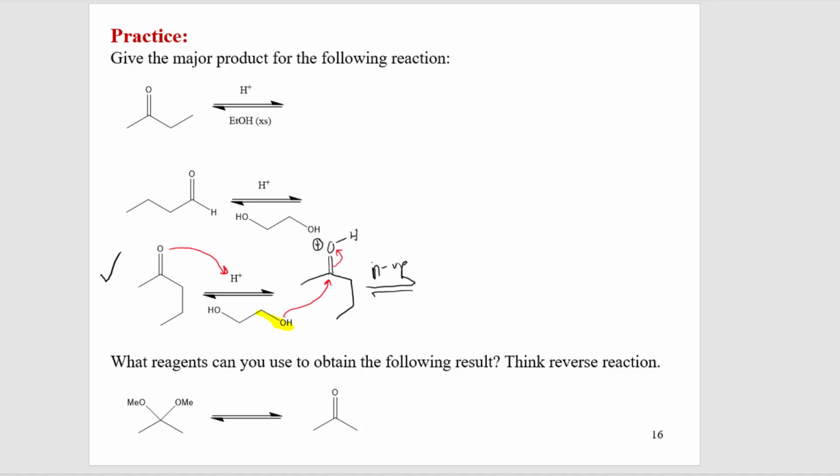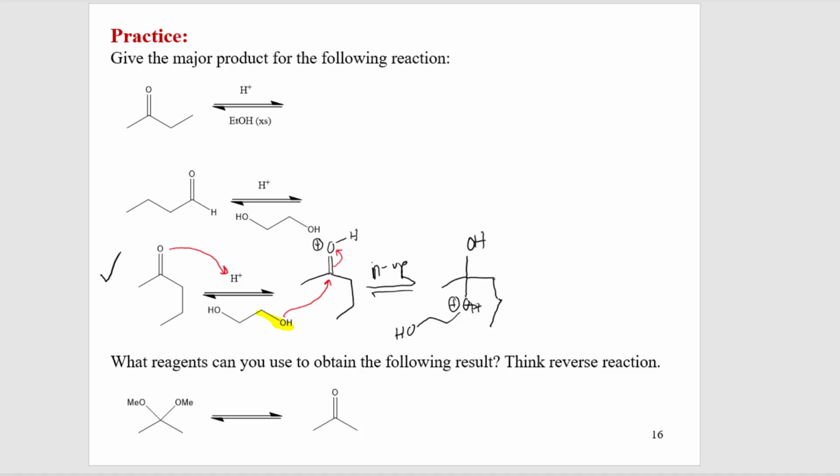In and up. Followed by acid-base chemistry. Down and out. Whenever you're doing base-catalyzed reactions, it's just in, up, down, out. But under acidic conditions, there's like an intermission acid-base reaction you have to do in between.